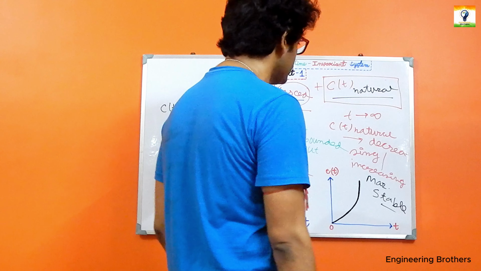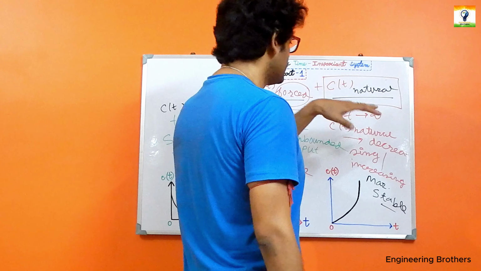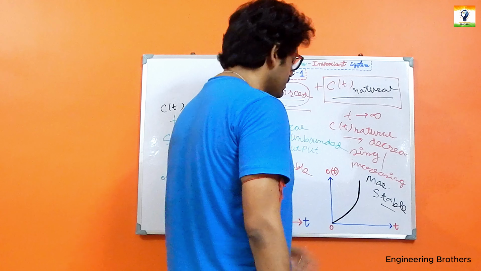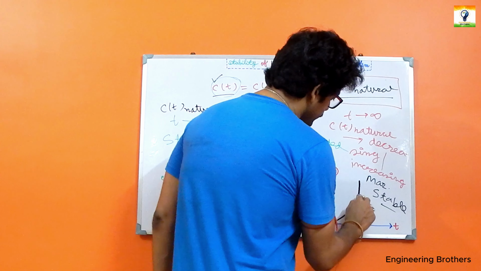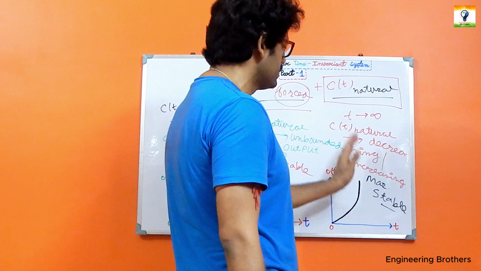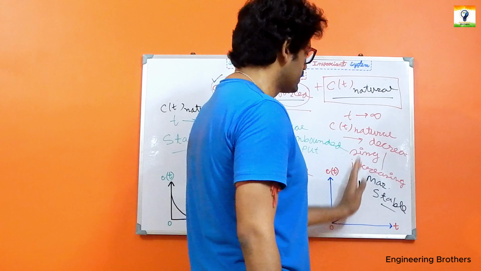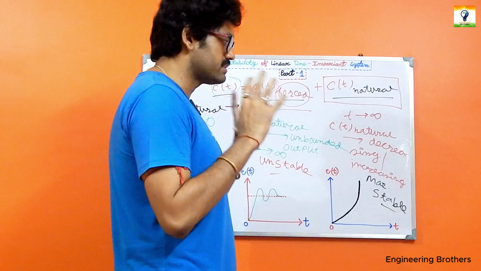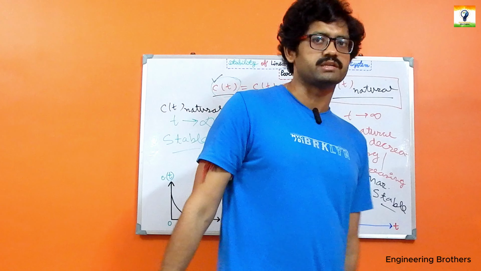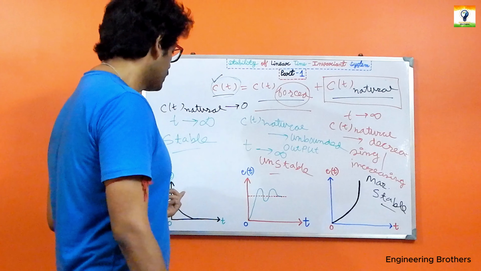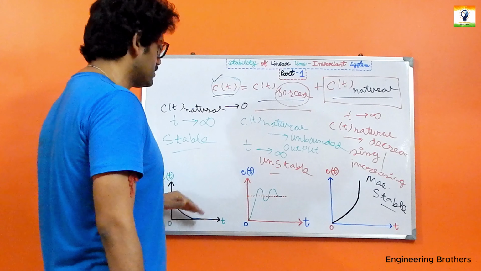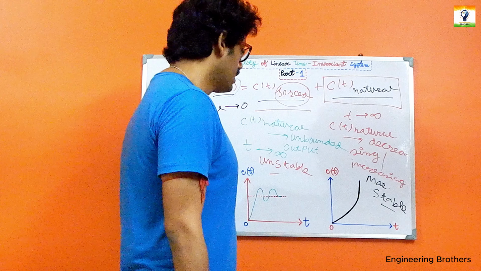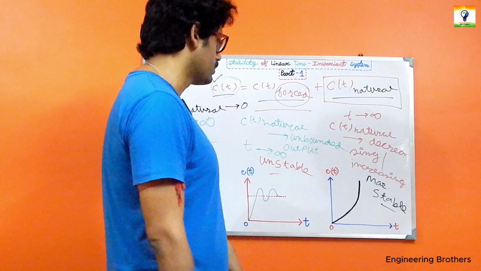You can see that if you increase the time, for some time the c(t) value is increasing up to this point, the waveform is increasing, and after some time it is decreasing. So increasing, decreasing, we have these two parts. First of all, for a stable system the waveform is decreasing. For the second one it is increasing, or has oscillation in the given waveform.